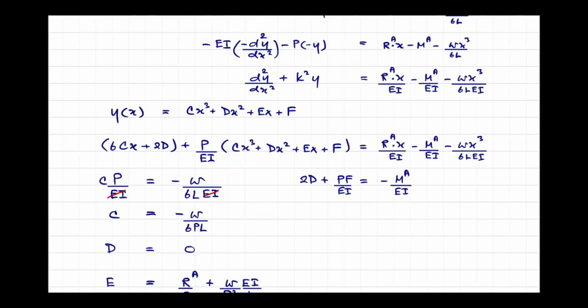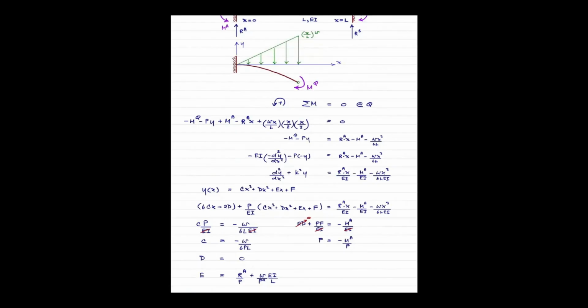But you know that the D is 0. EI cancel out. So we have the F equals to minus MA over P. Alright.